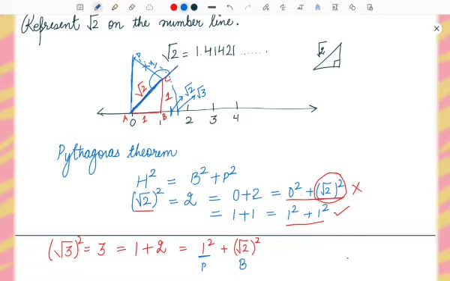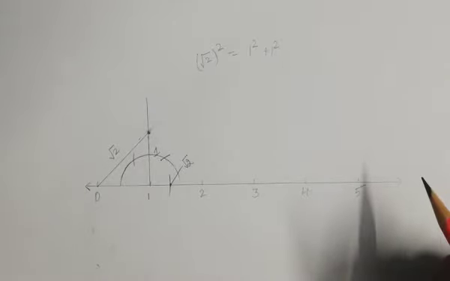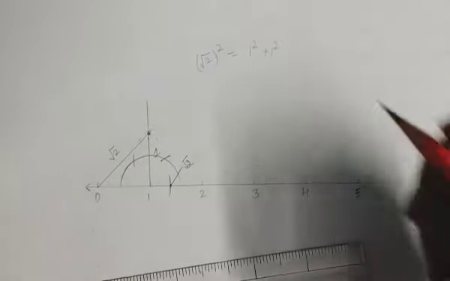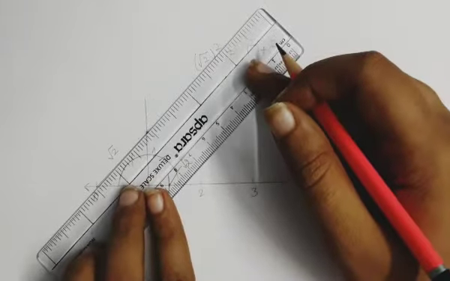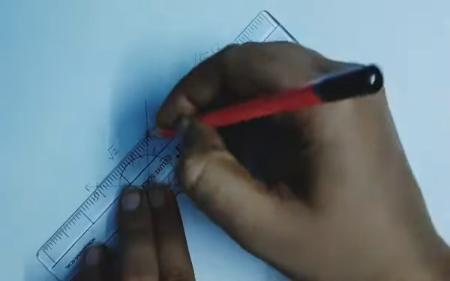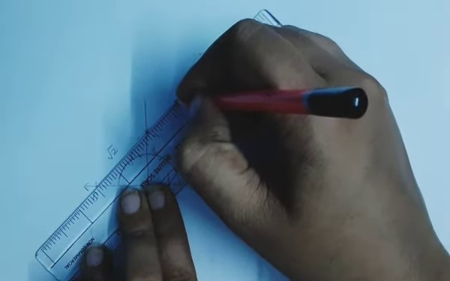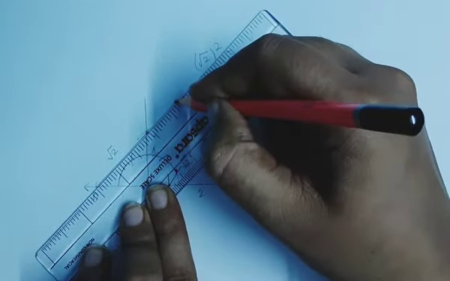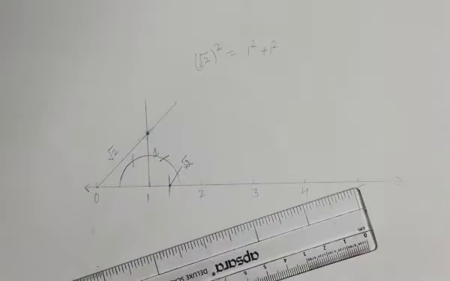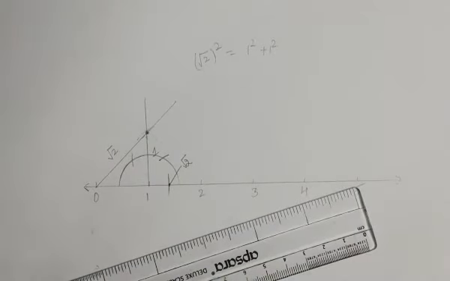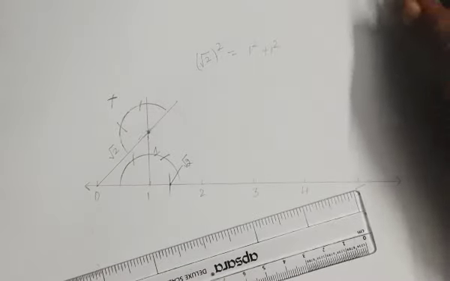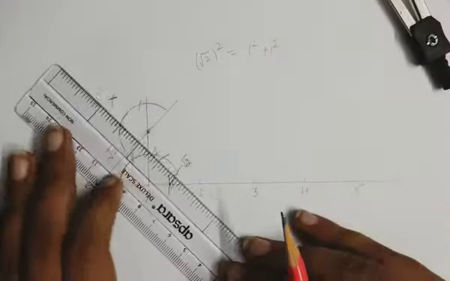Let's do it with measurements now. To draw √3, we are going to need the help of √2. What am I going to do? I am going to extend √2, the line representing √2. Then we are going to make a 90 degree angle on this line. The way we did for √2, it is the same way we have constructed 90 degree.